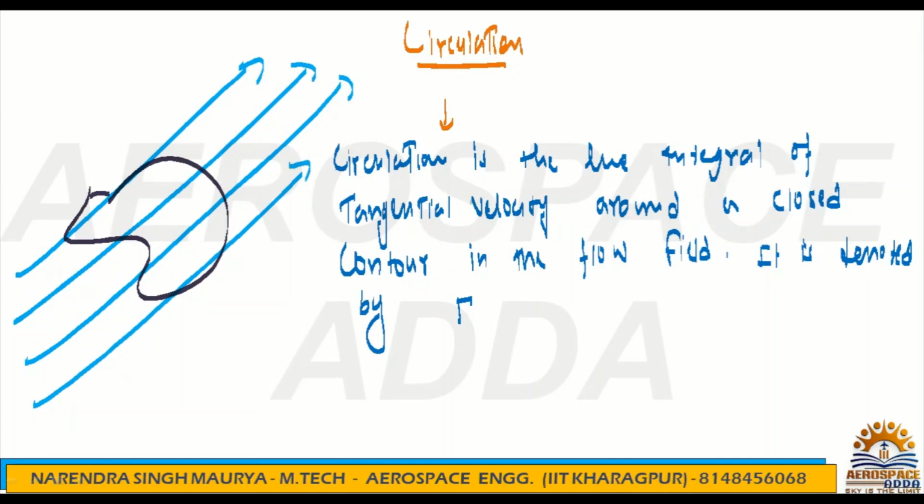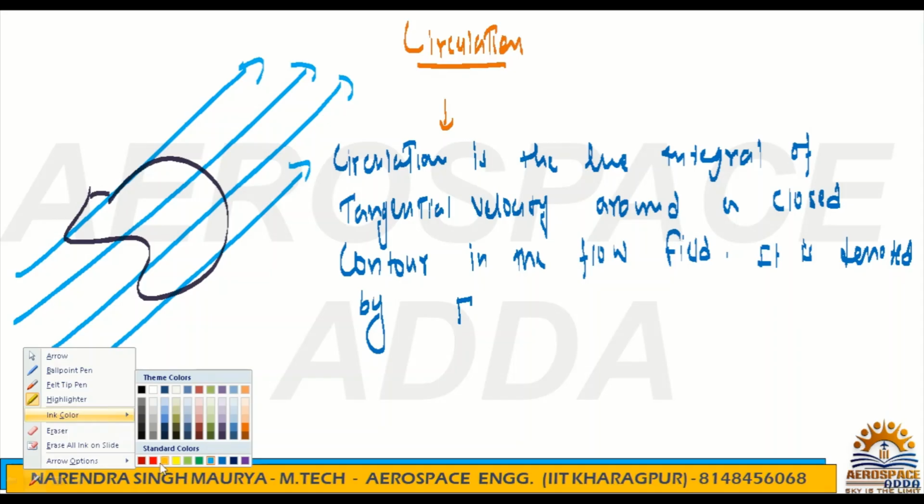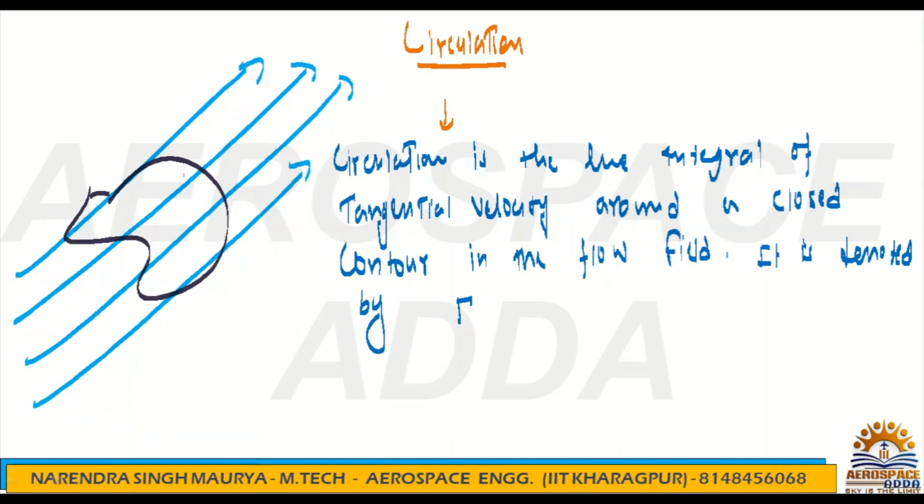Now, how to define the circulation? Circulation is nothing but a line integral of tangential velocity around a closed contour. I can consider this is the closed contour here. I have taken the section. I can take this element here. This elemental length is ds, and you draw the tangent to this closed contour.